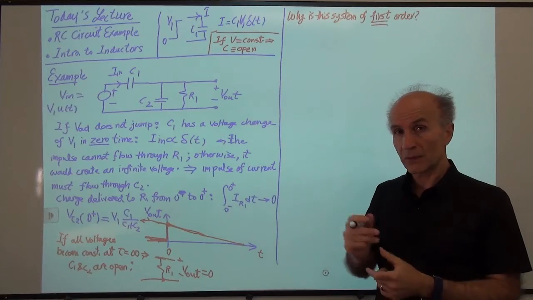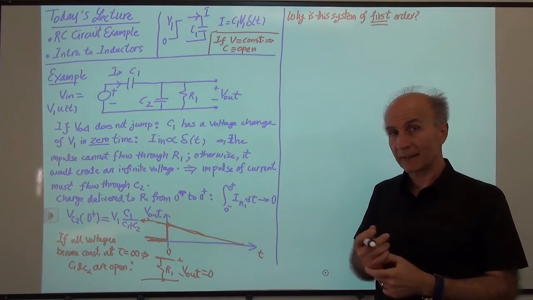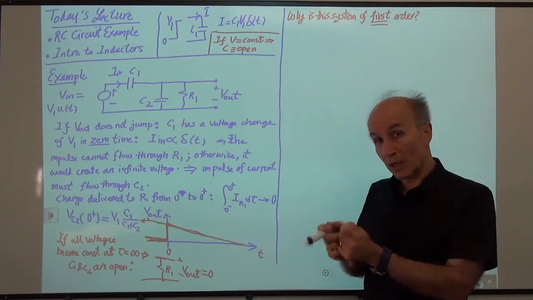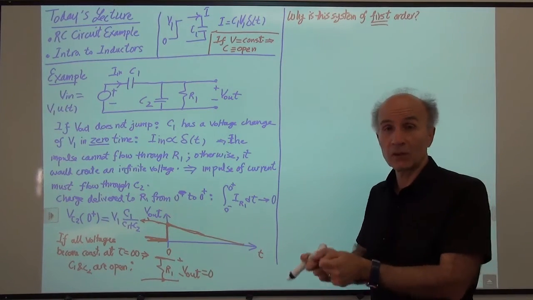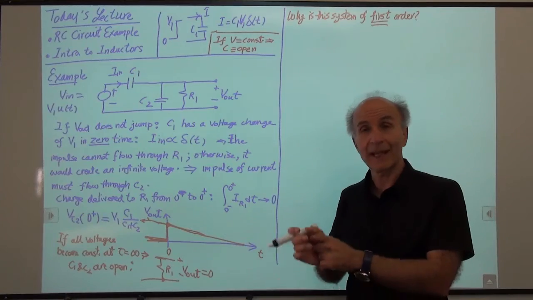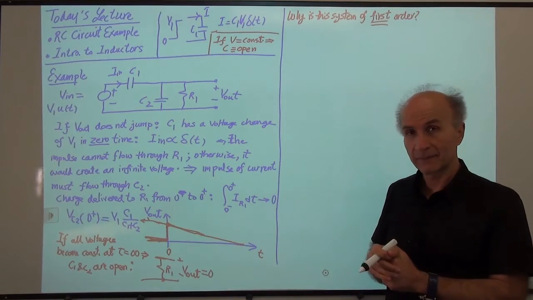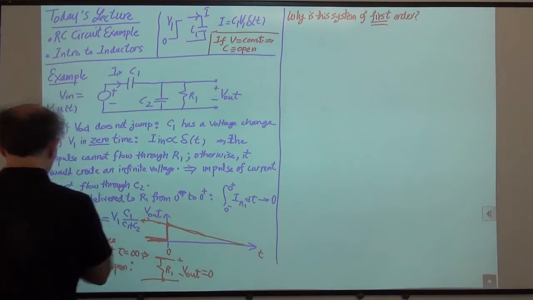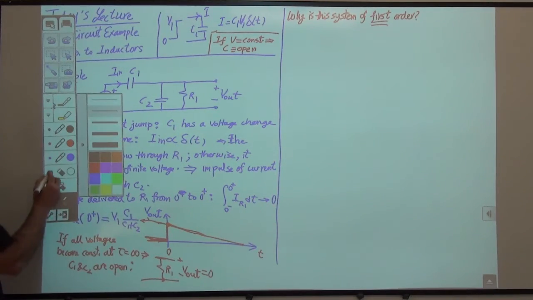So here in this circuit, what we can see is that if I have an initial condition on C1, the initial condition on C2 is known. It cannot be independently set. Why? Well, that's easy. Let's change the color of our pen.